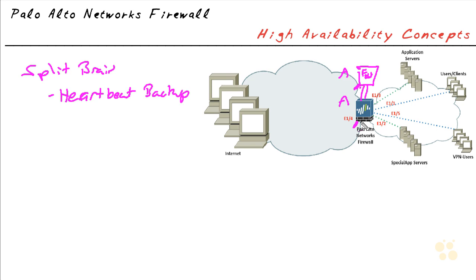Okay. So device high availability from my configuration standpoint, we can look at my link and path monitoring, I can look at my heartbeat backup, all of those things that we have, really just giving us the ability to try to avoid this condition there. Okay.